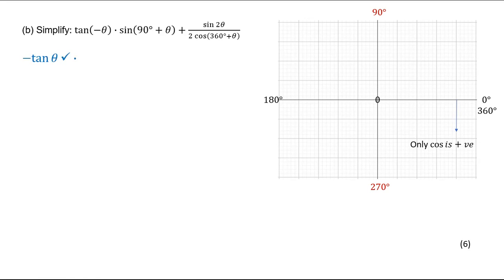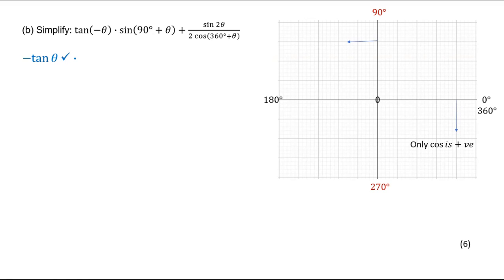Let's go to sin. For sin, in this case, we're moving from 90. When we plus, it's anti-clockwise, and that leaves us in the 2nd quadrant. However, sine in the 2nd quadrant is positive. So I don't need to put a negative there. It's just positive. Now, once you've allocated the sign, you can change the ratio.